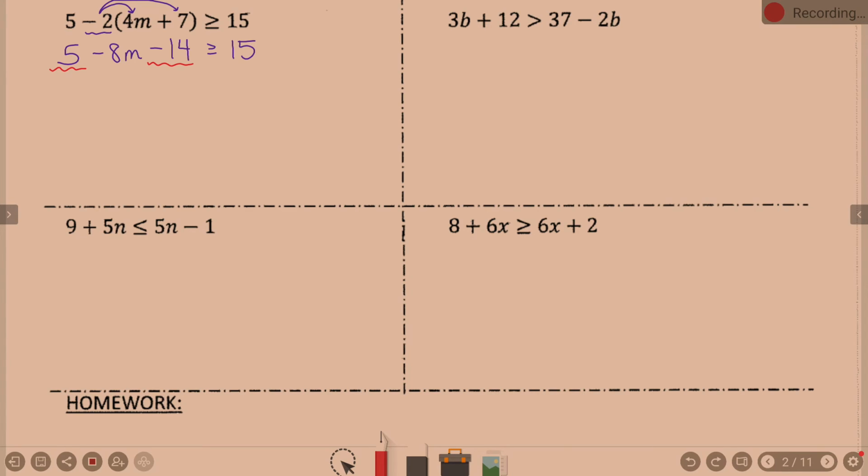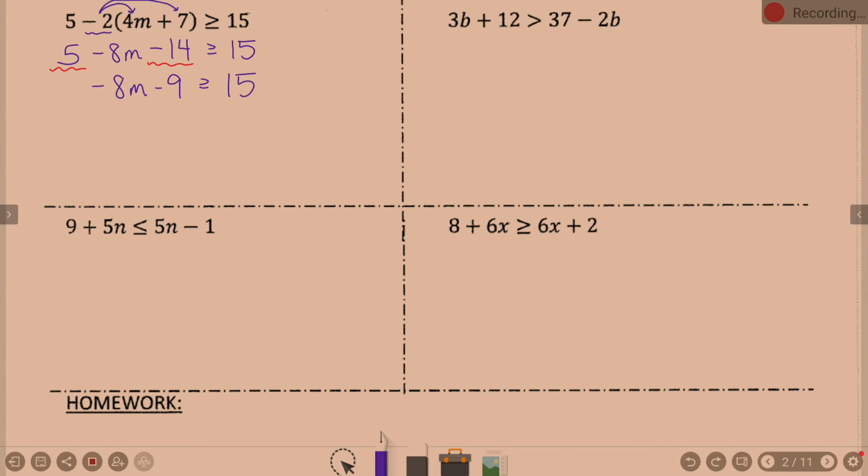Negative 9. So right here, I still have negative 8m. 5 minus 14 is negative 9, greater than or equal to 15.